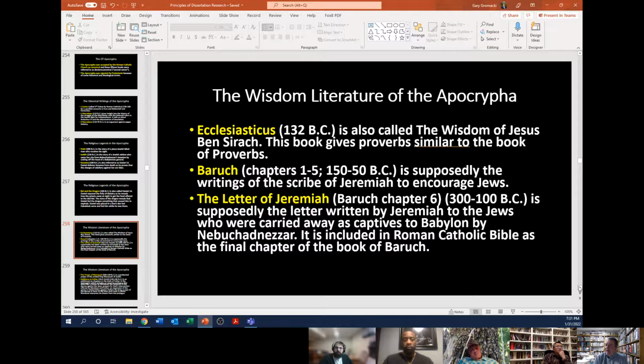And then the letter of Jeremiah, which is also called Baruch chapter 6, supposedly a letter written by Jeremiah to the Jews carried away as captives to Babylon by Nebuchadnezzar. Again, it's included in the Roman Catholic Bible as the final chapter of the book of Baruch. So the book of Baruch is chapters 1 through 5. The letter of Jeremiah is Baruch chapter 6 in the Roman Catholic Bible.